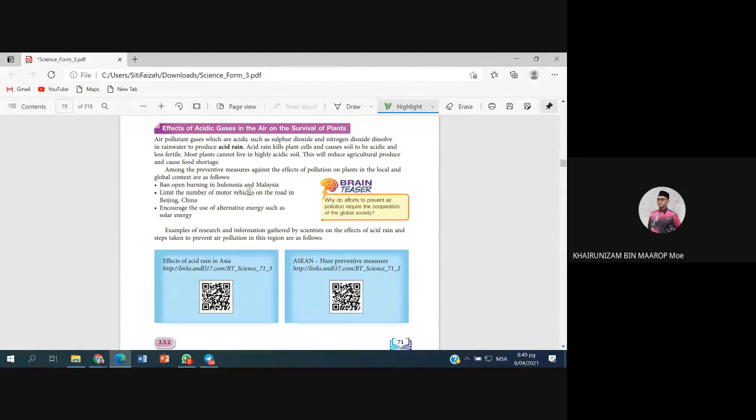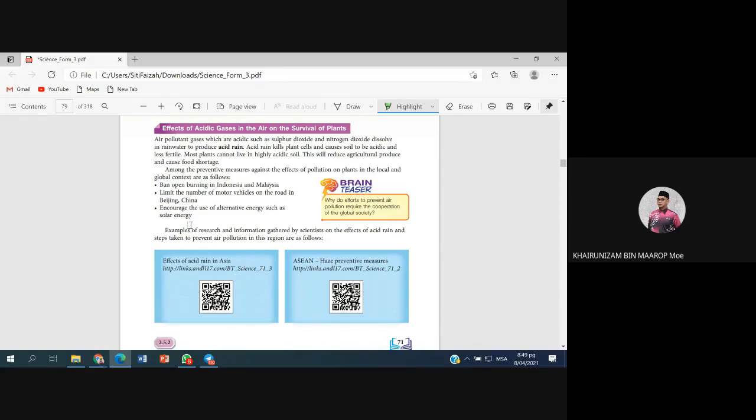What about Malaysia? Can or not? I think cannot. And encourage the use of alternative energy such as solar energy. In Malaysia, it is still in progress to use solar energy, because negara kita panas dan hujan sepanjang masa.